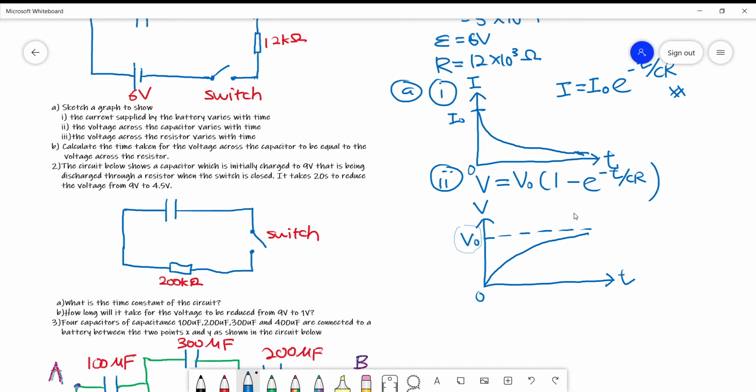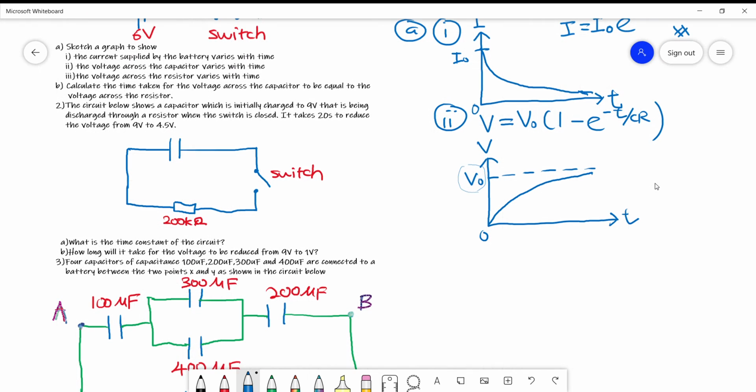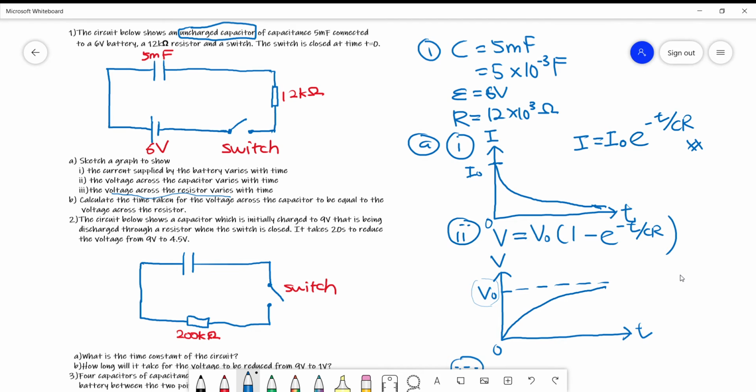As for number 3, the voltage across the resistor varies with time. If I'm not mistaken, we haven't discussed this in the previous video. For the explanation, this is our circuit.